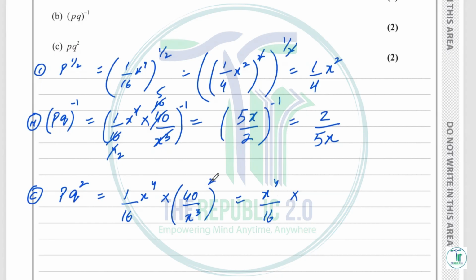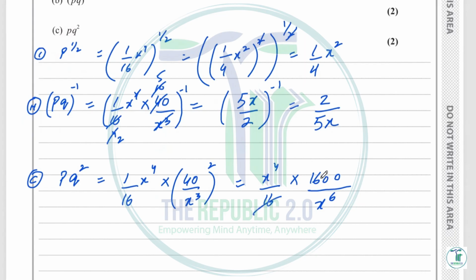The square of 40 is going to be 1600, divided by x to the power of 6. So now 16 ones are 16, hundreds are, and this would get cancelled out. So I must be having 100 upon x square, which can be simplified as 100 x to the power of negative 2. That is how we're going to write this.